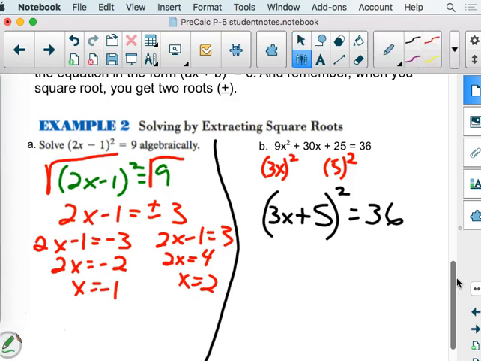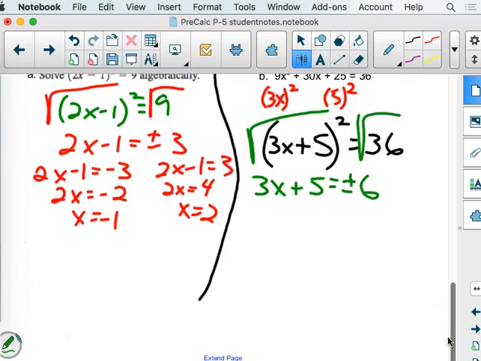So what would we do next? Square root of both sides. 3x plus 5 equals plus or minus 6. Then what? Set up your two equations. 3x plus 5 equals negative 6. 3x plus 5 equals positive 6.